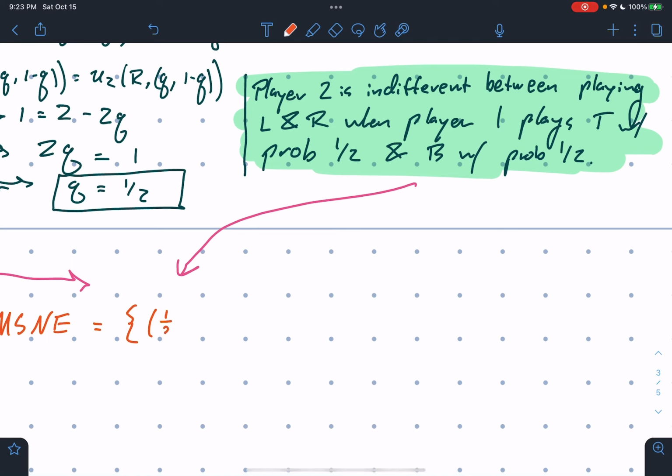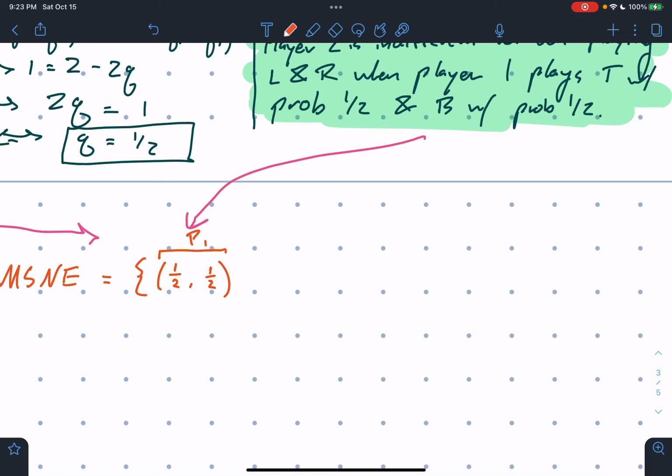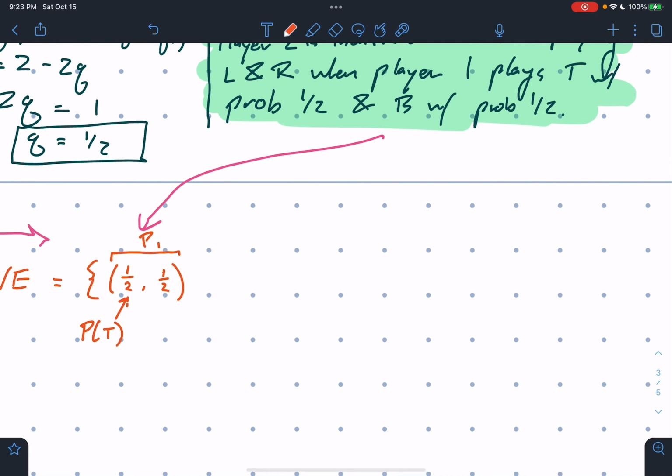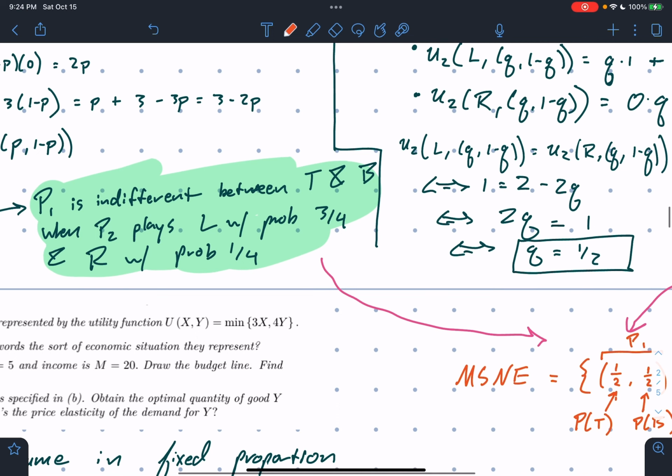I'll indicate this as P1, indicating player 1, and this is the probability of player 1's choosing between T and B: the probability of T, and the probability of B. And then for player 2, we need them to play L with probability 3/4 and R with probability 1/4.